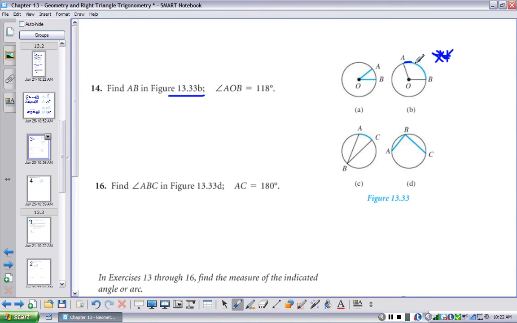They want us to find this arc here if we know that this angle is 118 degrees. Well, if you remember, this is a central angle, by the way. Vertex is the origin. The central angle is equivalent to the arc. So this arc, AB, is the same measure as the central angle, 118 degrees.